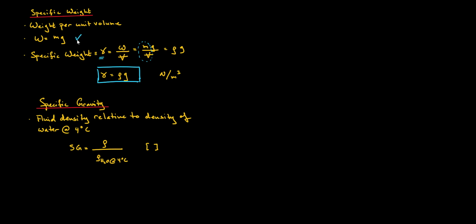It is dimensionless. The density of water at 4 degrees Celsius is 1,000 kilograms per meter cubed.